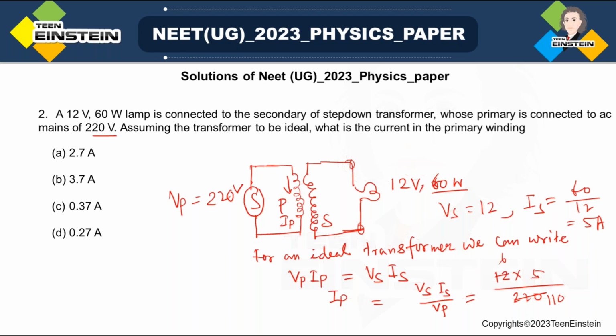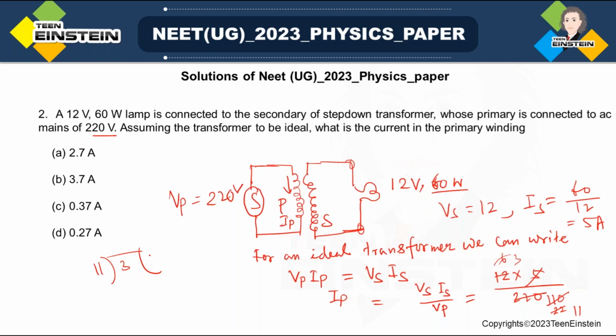This is 6. Here we can write this as 3 by 11. So 11, and this is 3.